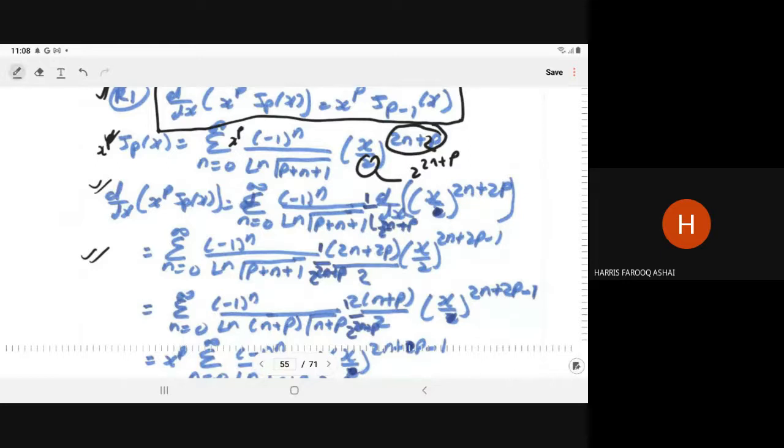So we have x to power 2n plus 2p minus 1. From the 2n plus 2p, if you take the 2 common, the 2 and 2 cancel out. So in the denominator also we have 2 to power 2n plus p minus 1, right?